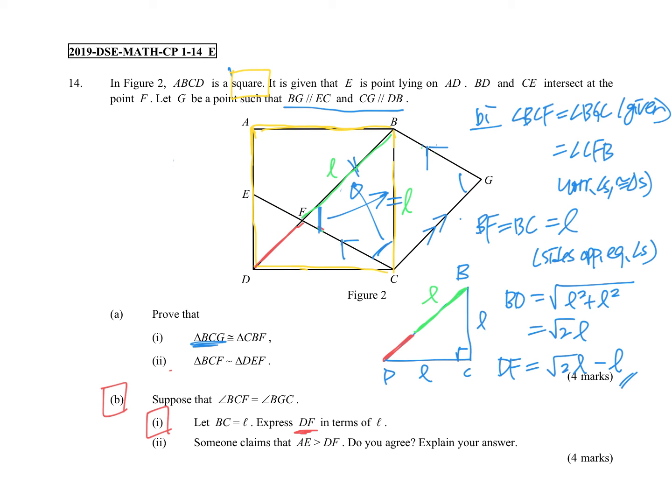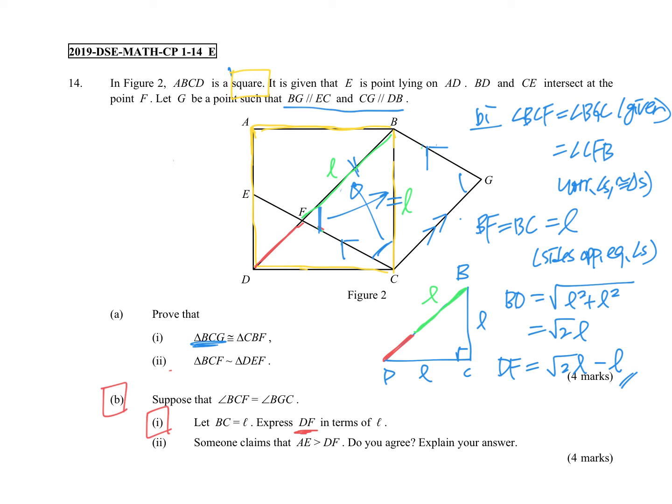Now first of all, we consider the triangle DCB. If this is L, this is also L, and you can see this part is L. And then we want this part.